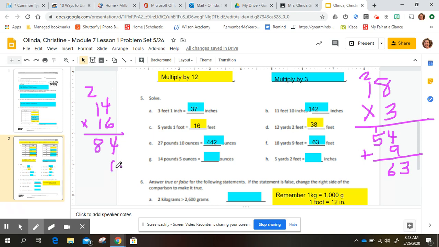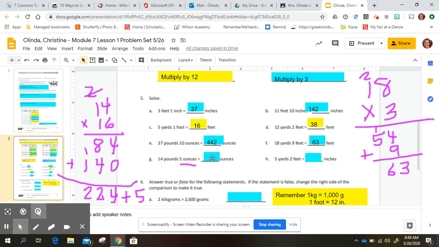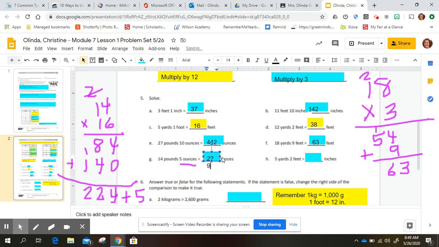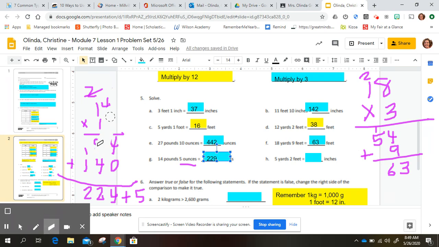I put my 0 here for my place value holder. 1 times 4 is 4. 1 times 1 is 1, and then I add 224. However, I'm not done because I still have 5 more ounces. So 224 plus 5 would be 229. I'll just pull that.